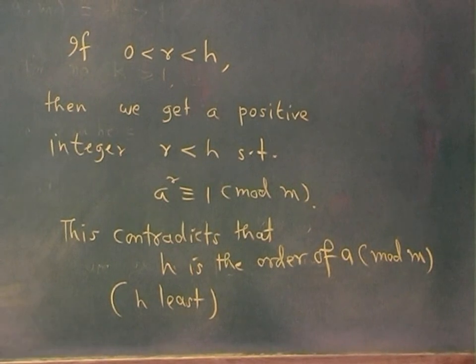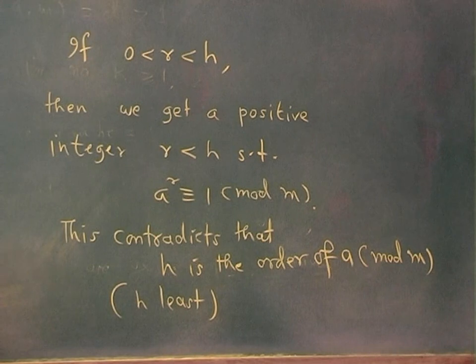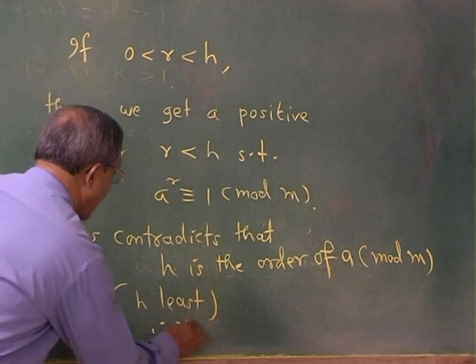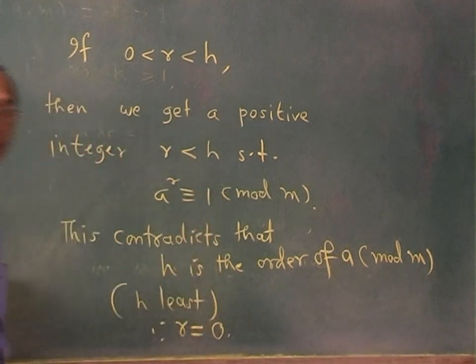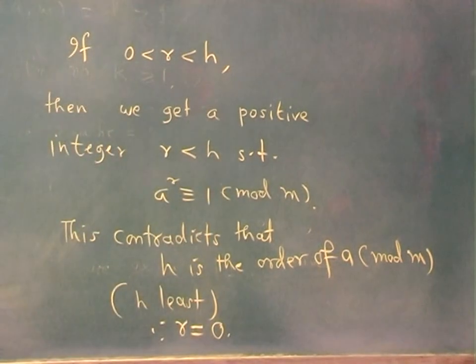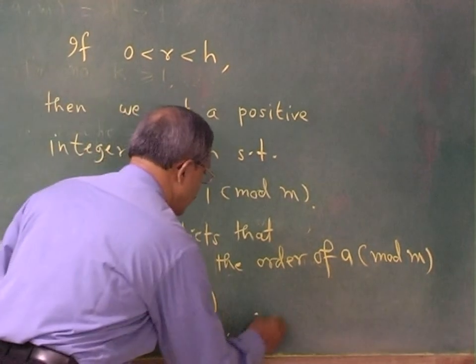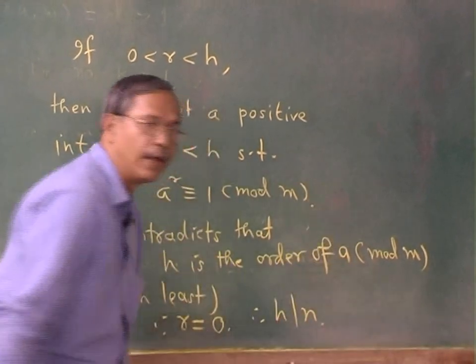No smaller positive integer can have that property. And this means that r must be 0. Therefore, r is equal to 0. And r is 0 means h divides n. Therefore, h divides n.